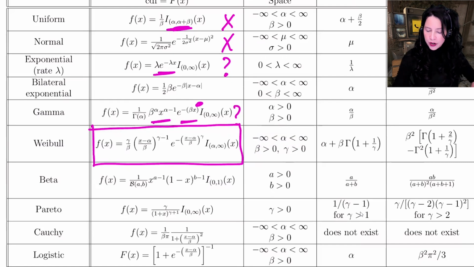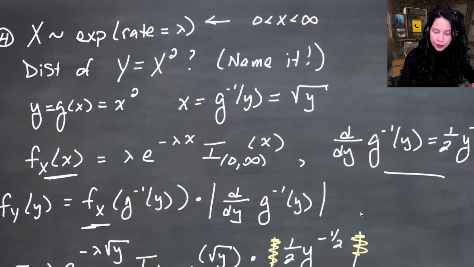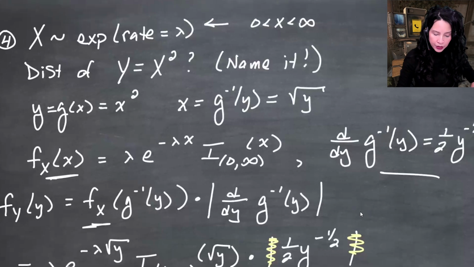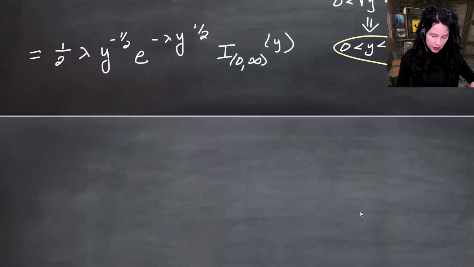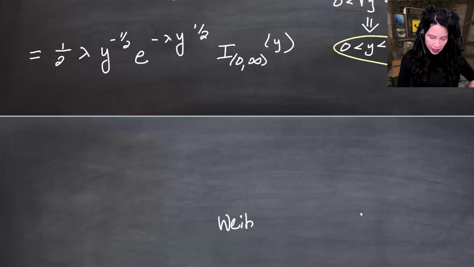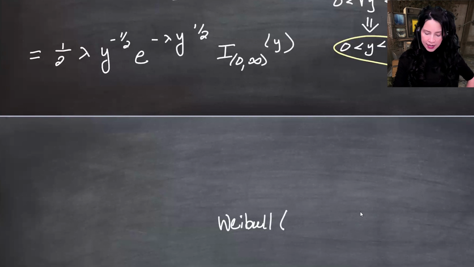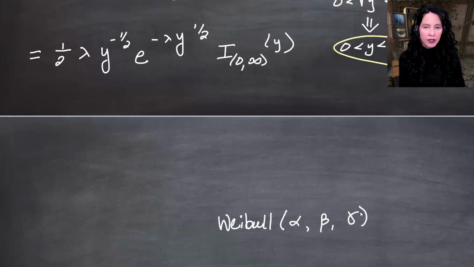So let's go back to our actual PDF and see if we can match ours and conclude, hopefully, that we have a Weibull distribution when we square an exponential. I am going to remind you really quick, the Weibull distribution has 3 parameters. This is not a standard notation. I'm just going to write alpha, beta, and gamma. Those are our 3 parameters, but they could be in another order or written completely differently.